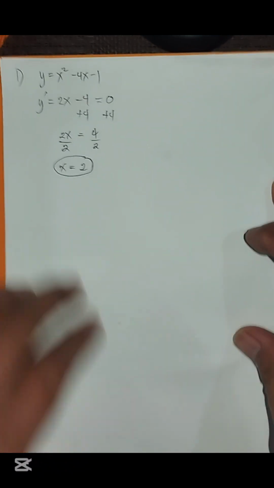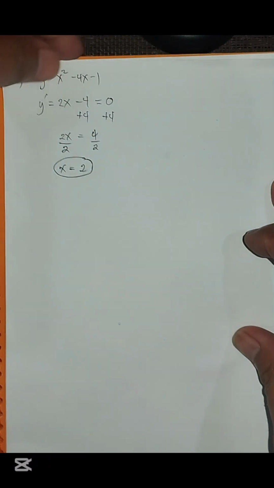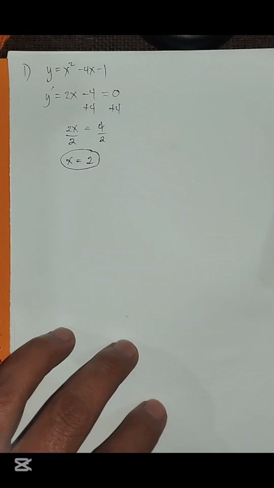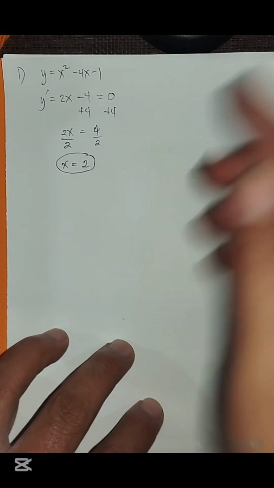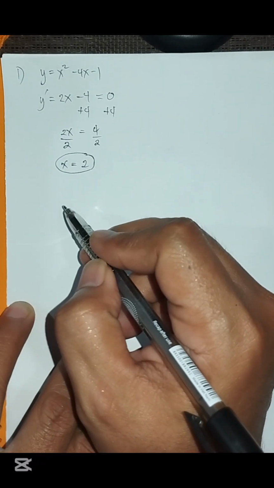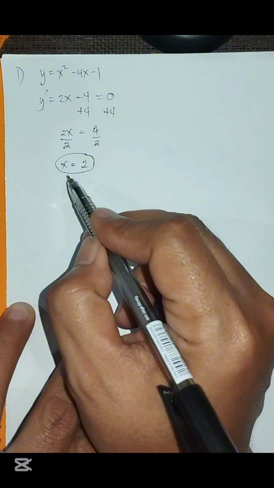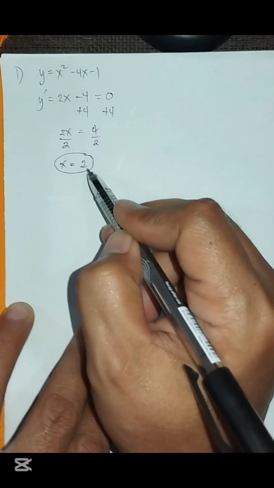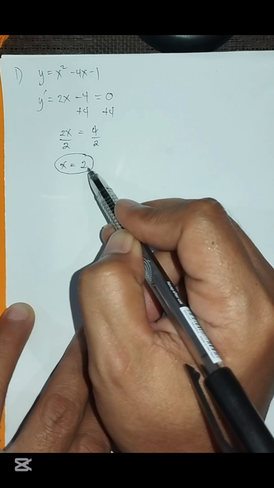Now let's set up a table to make the computation easier. In the first column, we will write the interval. In the interval from negative infinity to positive infinity, the critical number will divide our interval.